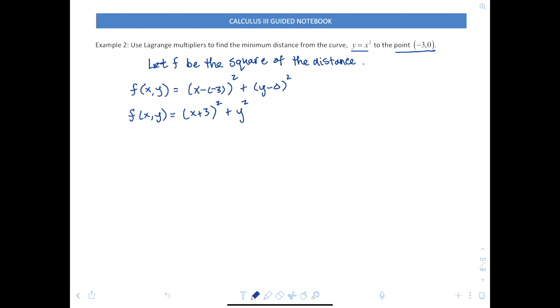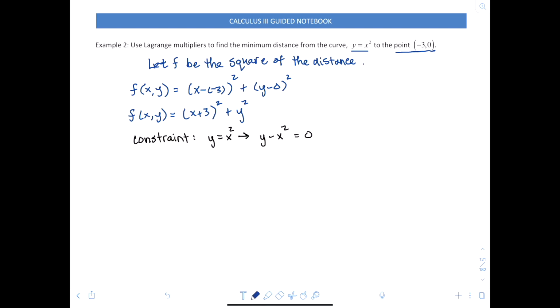Now, our constraint is y equals x squared. Well, now we can just subtract the x squared and say that y minus x squared equals 0, so we have our c, and then we don't get confused about that.